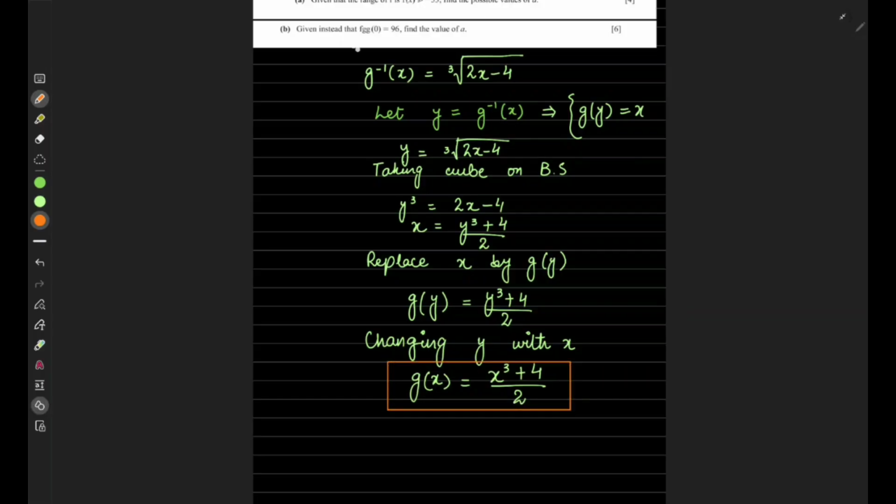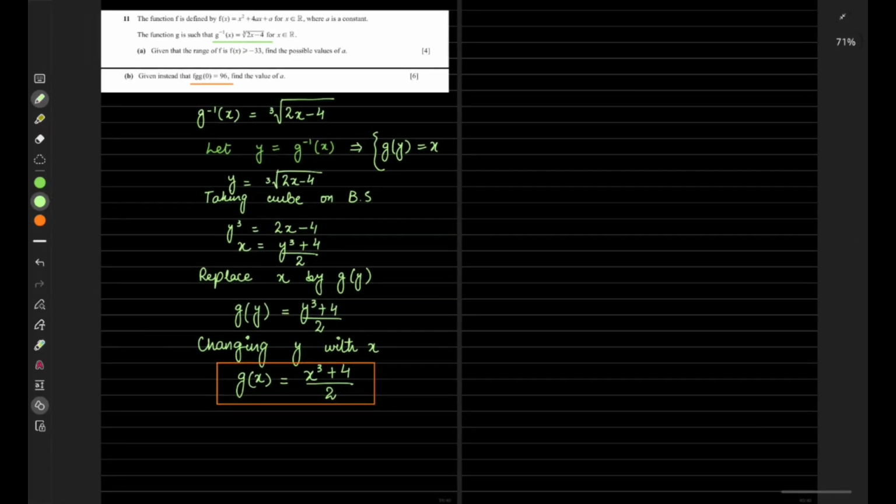Now using this relation, f of g of 0 is equal to 96. So what I will be doing is, they are triple, and also we have to put 0 here. So first I'm finding g of 0. I'm not doing it directly because this is a triple function, so we might get confused in that.